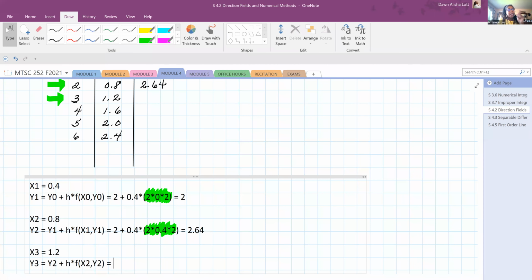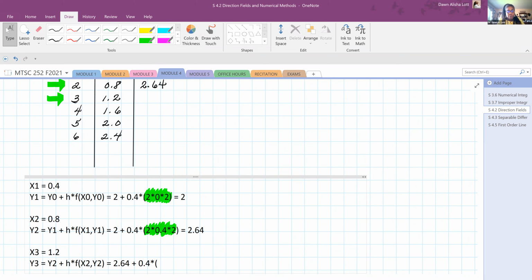So now y2 is 2.64, plus h, 0.4, times f of x2, y2.